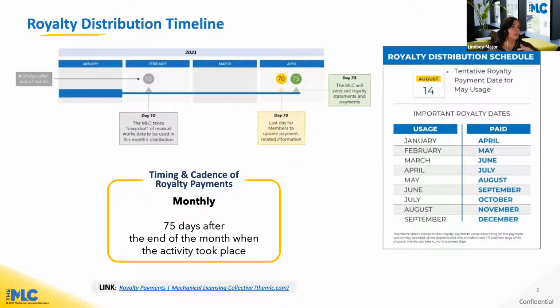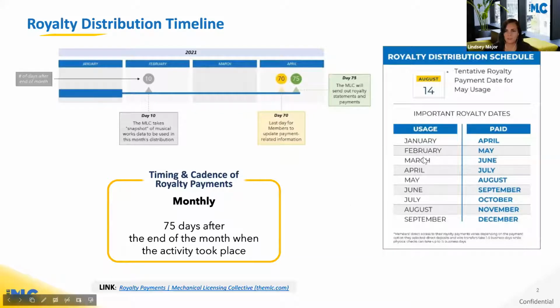So we do have a monthly accounting cycle. That means that the MLC does pay monthly, but because it is a 75-day cycle, basically you're getting paid 75 days after the end of the month when activity took place. That's pretty confusing.